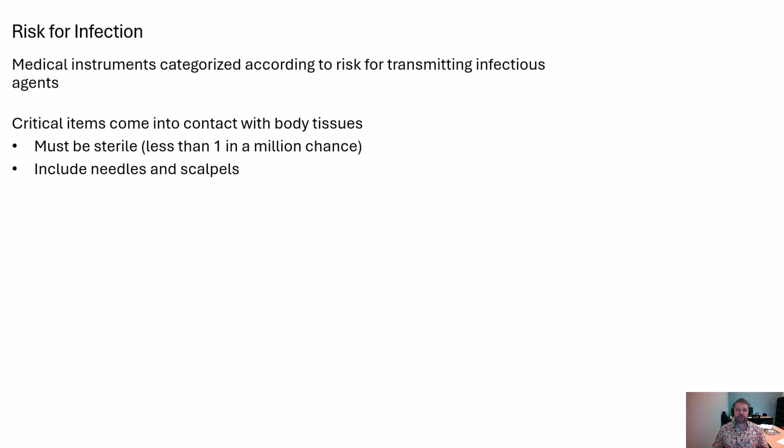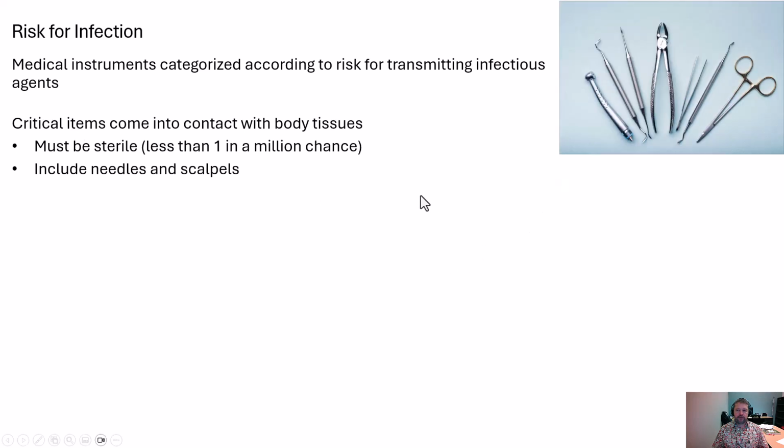Obviously, ones that are in contact with body tissue are normally considered critical items, things like scalpels and forceps and things that actually come in contact with body tissue. They have a higher risk of transmitting infectious agents, so they need to be sterile, and so they need to have that sterile category.